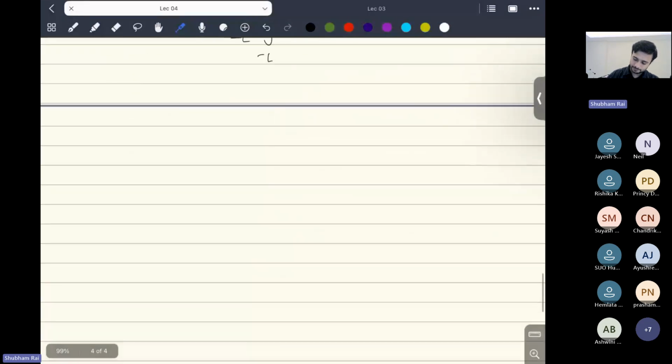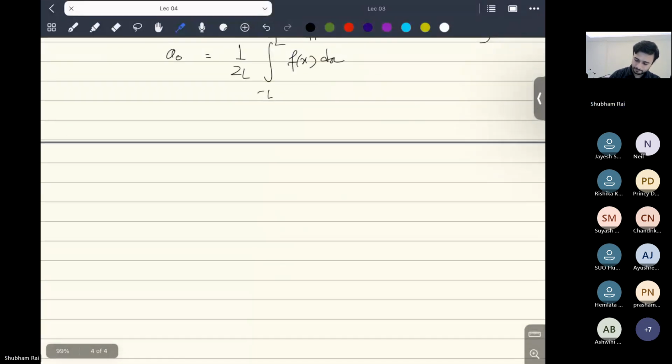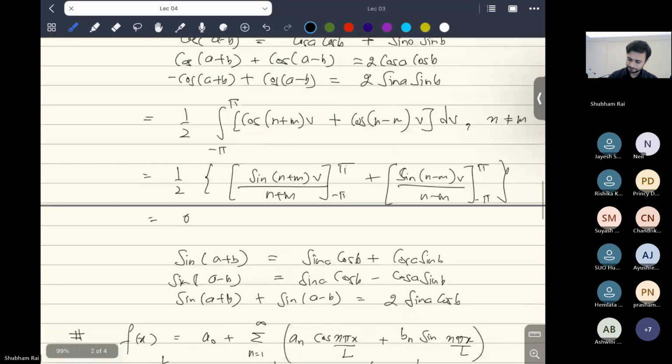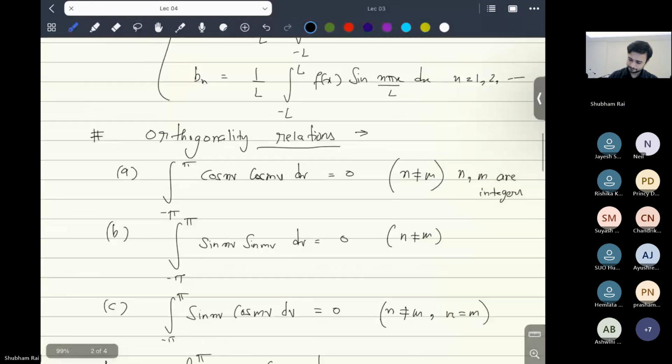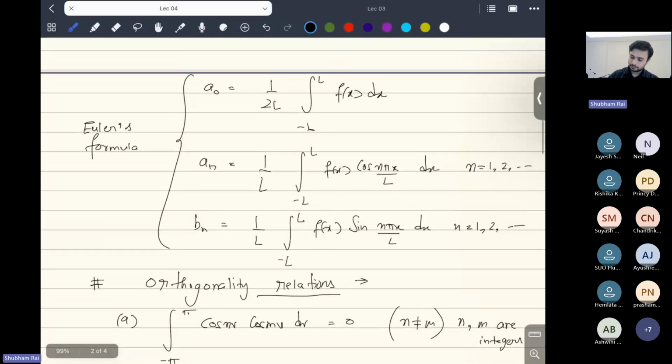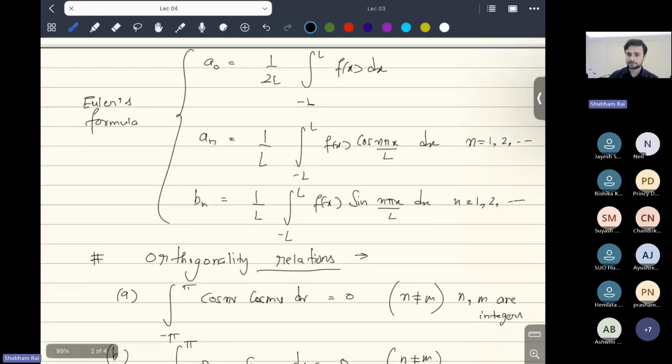So let's derive an. You have to multiply your function with cos(n pi x by L). Actually, instead of multiplying with cos n pi, let me first multiply with cos(m pi x by L), and later I'll prove that n is equal to m.